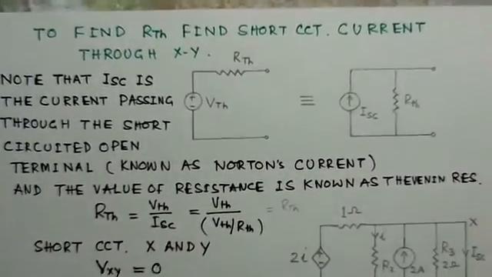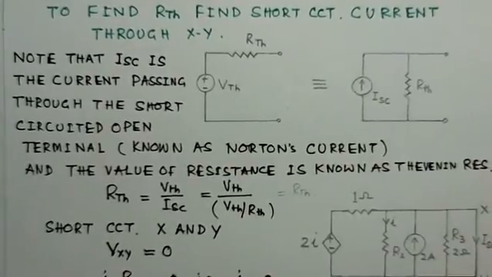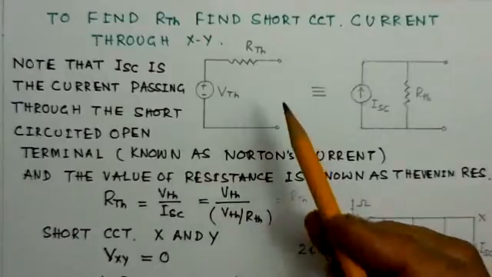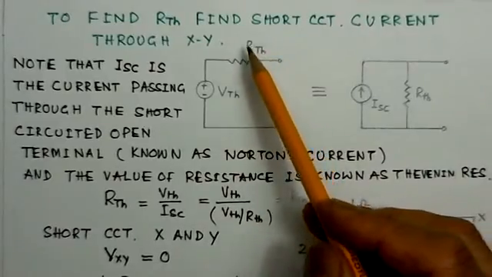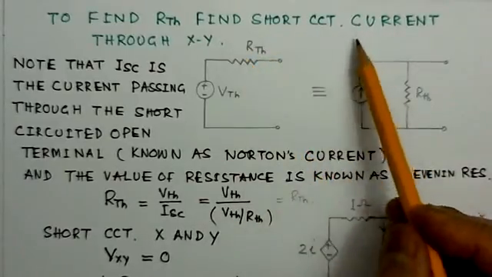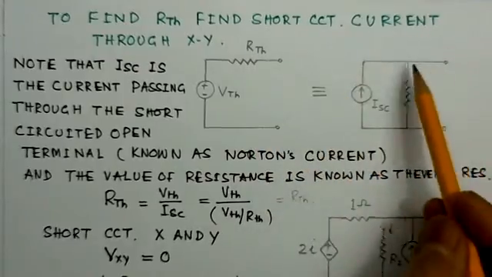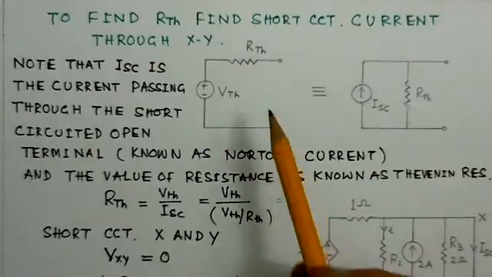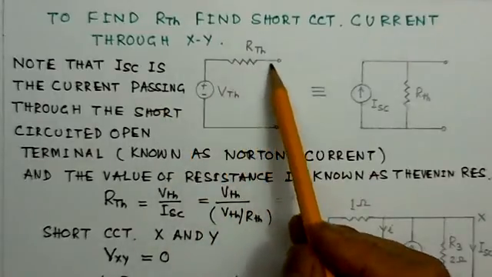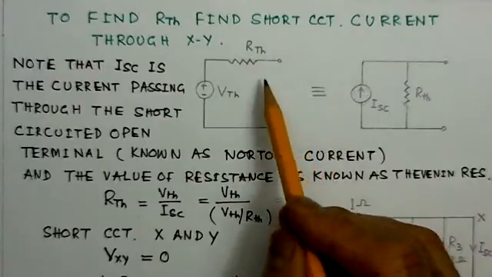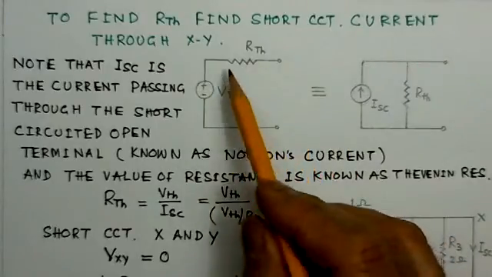Now we can determine the second part for the network. We can find the Thevenin's resistance using the short circuit current. You see here there are 2 circuits which are equivalent to each other. This is Vthevenin and R Thevenin.